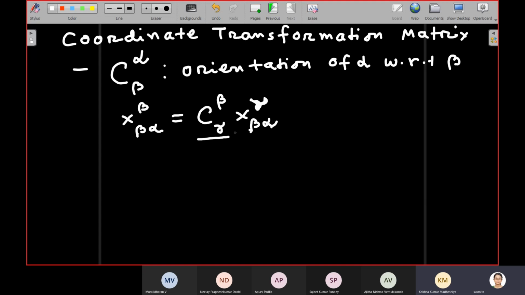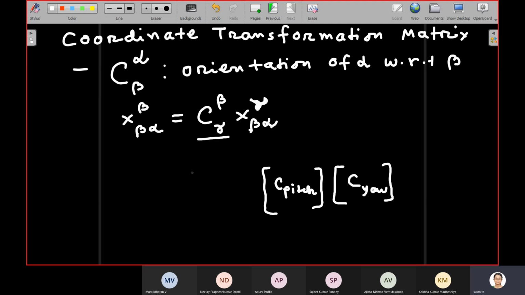So first we applied, in the 3-2-1 sequence, the yaw rotation. So there is a coordinate transformation matrix corresponding to the yaw rotation. Okay. Then we applied the pitch rotation. So there is a coordinate transformation matrix for pitch, and then finally roll.